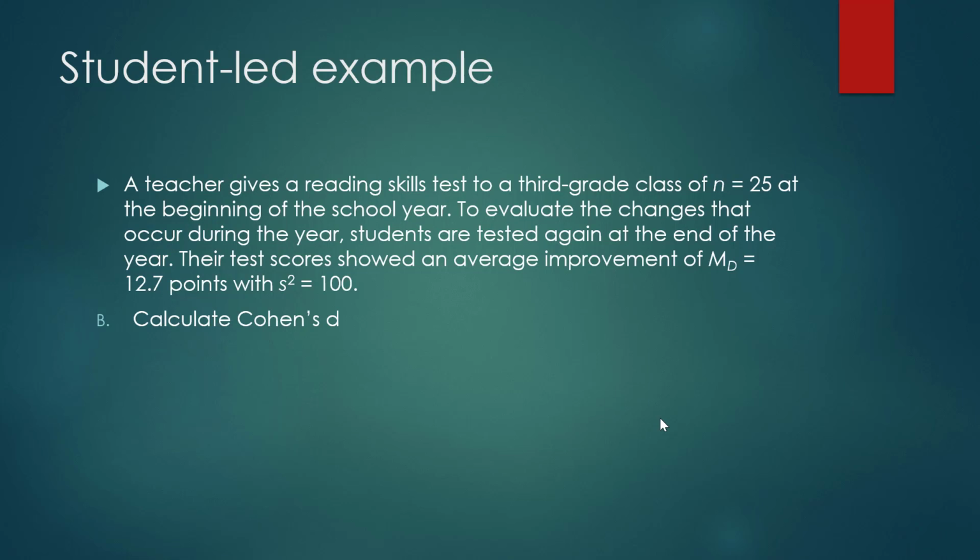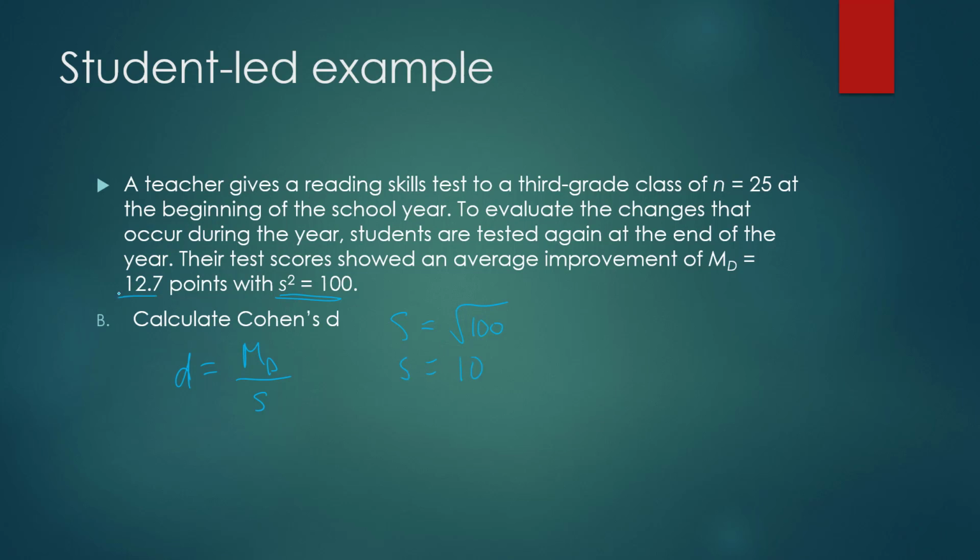So here's our student-led example. First, we want to calculate Cohen's d. Cohen's d is going to give us a formula of our mean difference score over our standard deviation. We're given variance here, so we know that the standard deviation equals the square root of our variance, which means that our standard deviation equals 10.